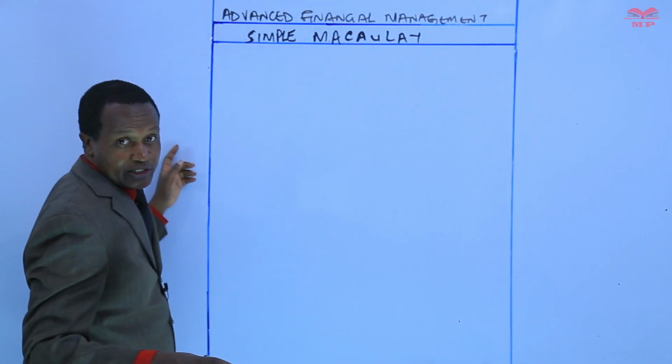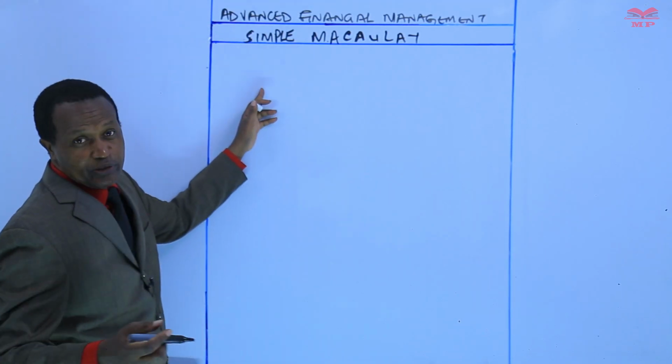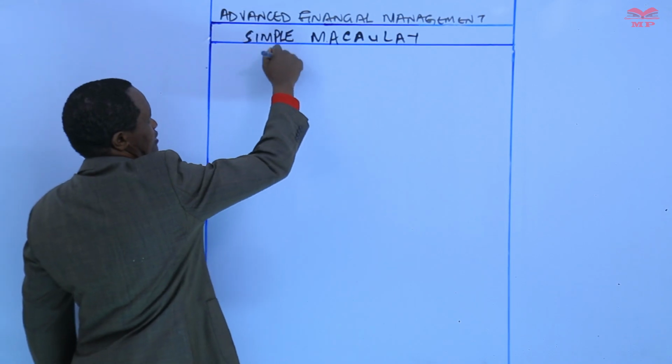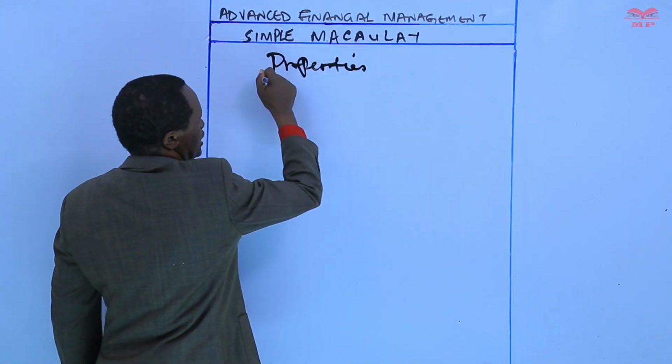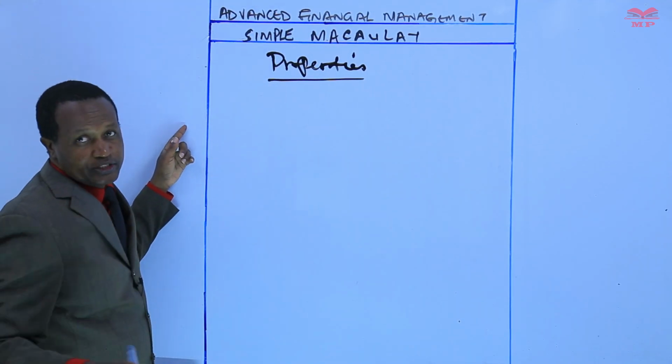Now, in this lesson, again, we're going to discuss the properties of the simple Macaulay duration. What are the properties? Properties, as we all know, are just the characteristics or the attributes.